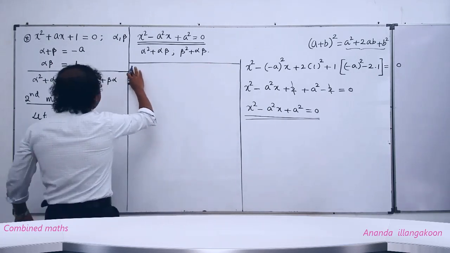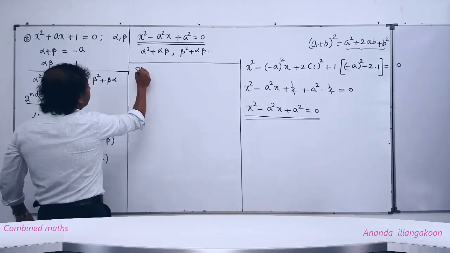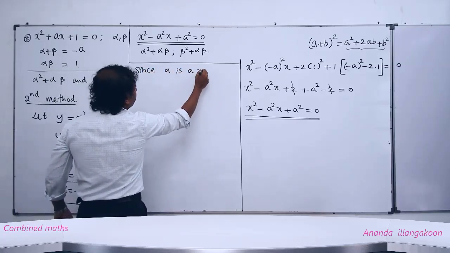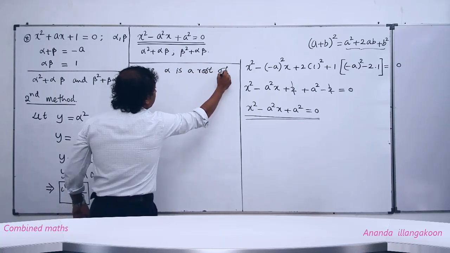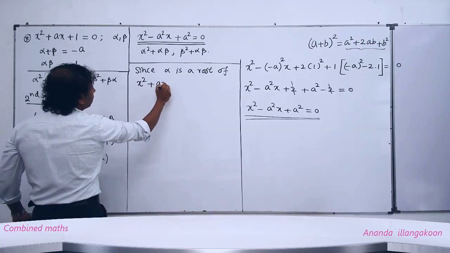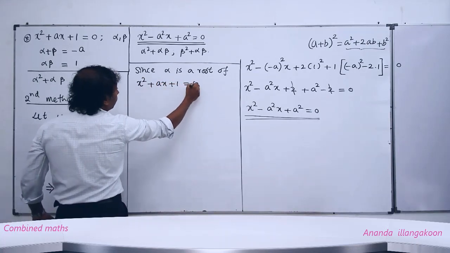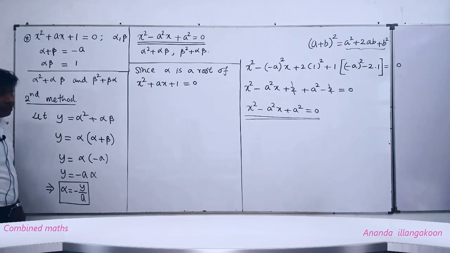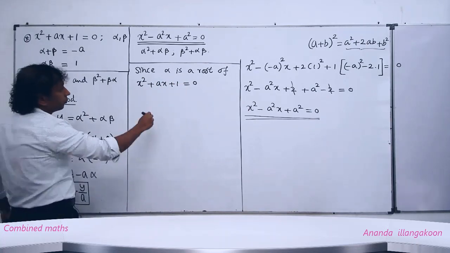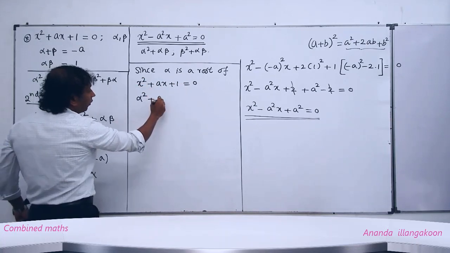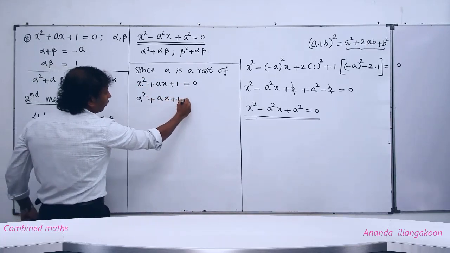You can now write, since alpha is a root of x squared plus ax plus 1 equals 0, alpha must satisfy this. Alpha squared plus, substituting alpha for x, a alpha plus 1 equals 0.